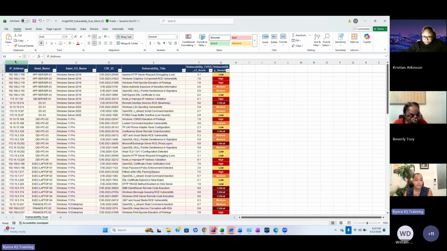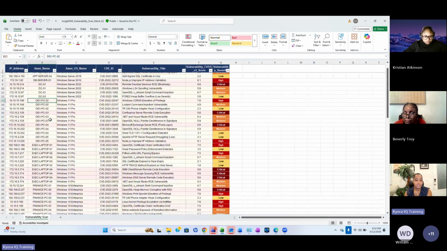So in column A, we have a list of IP addresses, again, all computer generated, no real client data. In column B, you have the asset name. This is really how it looks on a Rapid7 report. You have your IP address and your asset name. Typically, the names correlate with maybe the department. Dev would be like a DevOps PC, maybe the dev team uses this.